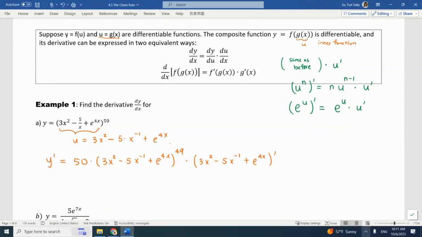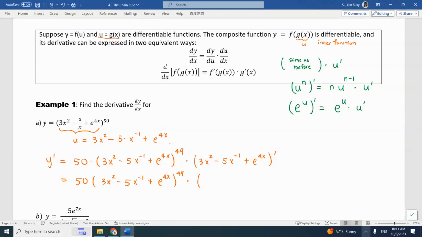Okay, let's see. So we continue. You see this factor has no prime, then we just copy down, right? So we copy down 3x squared minus 5x to the negative 1 plus e to the 4x, to the 49. Okay, now we need to differentiate.